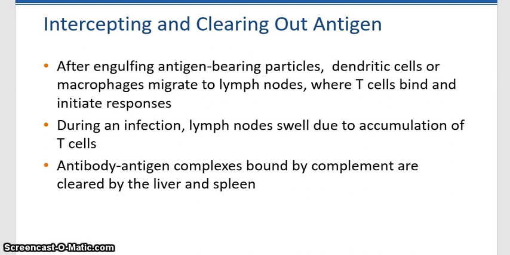So during an infection, that's why our lymph nodes swell, due to the accumulation of all of these white blood cells that have been activated and switched into high gear to deal with that infection. So these antibody antigen complexes can be bound by complement and are cleared out by the liver and the spleen.